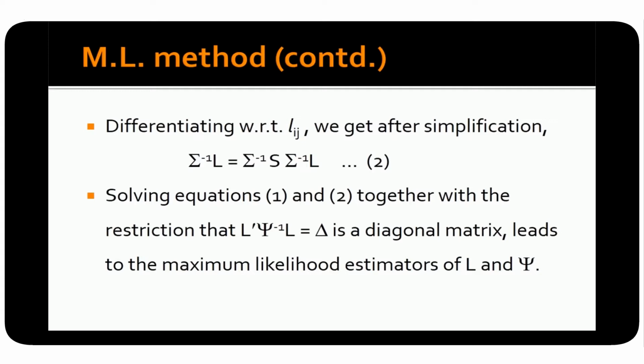You can look at the text for the details, but the principle is that you need to find the derivative with the usual method of doing the maximum likelihood. Find the derivative with respect to the parameters, equate them to 0. In this case, it's going to be a little bit more complicated than that, but this would lead to the maximum likelihood estimators. But remember that you need to superimpose the condition that L prime psi inverse L is a diagonal matrix.